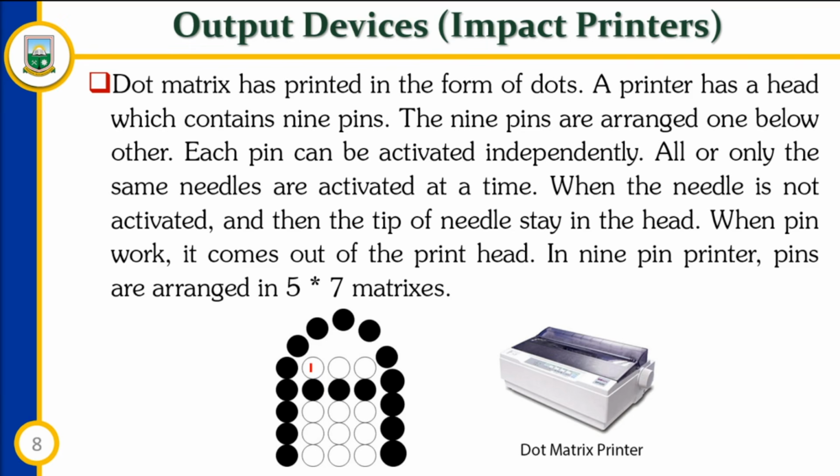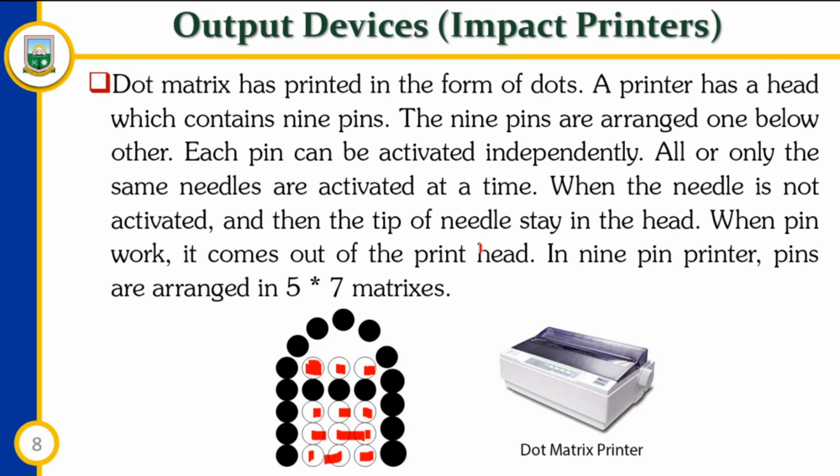You can see that in these white portions, the pin did not come out of the print head. Hence, it was unable to print out those sections of the character, which is the A. So all the red ones, as you can see, the pins will still remain in the print head.